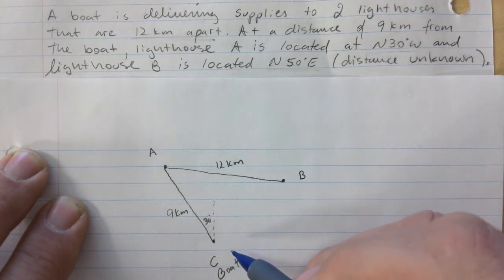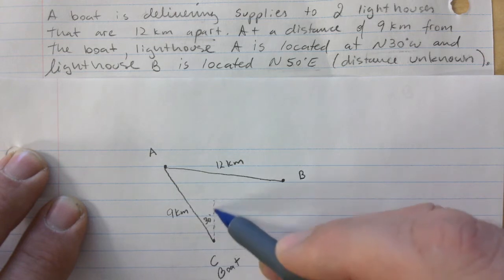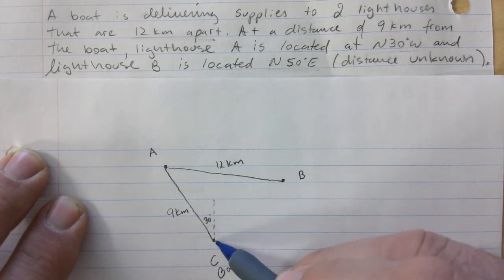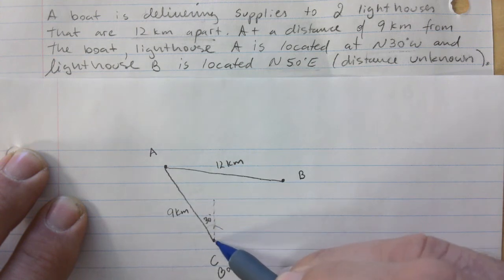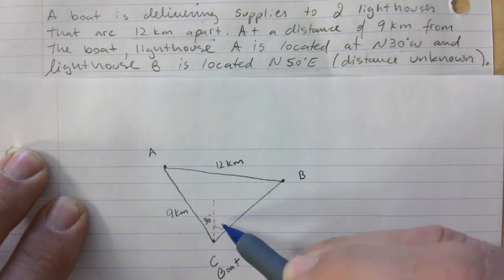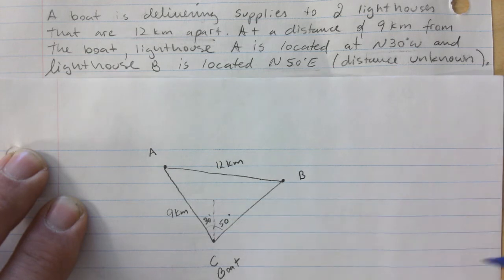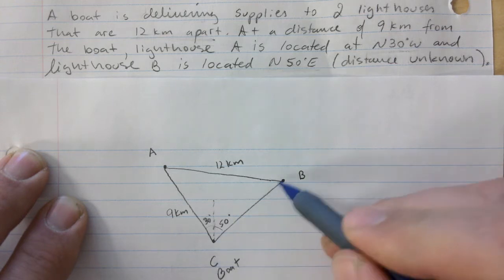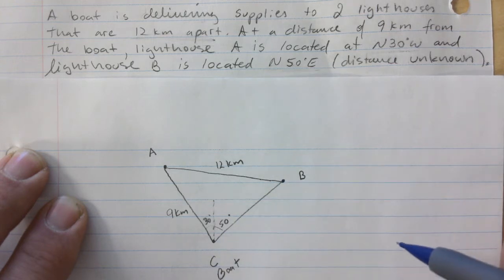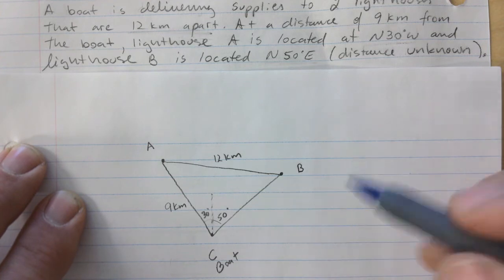Lighthouse B, also looking from the boat, is north 50 east. So we start north and then we turn 50 degrees, and that's our direction now. We've got 50 there. It doesn't tell us the distance, so this is not known to us. This is my interpretation.